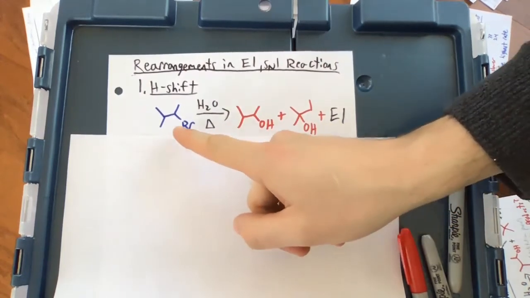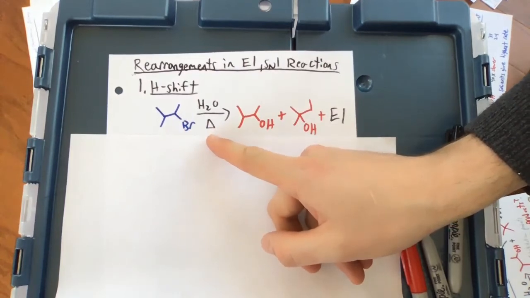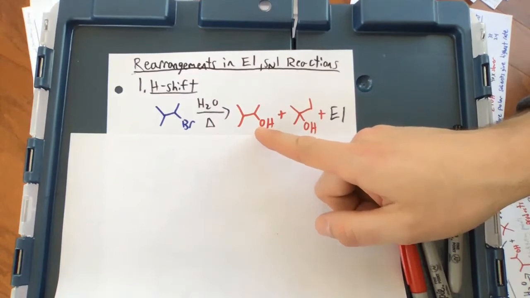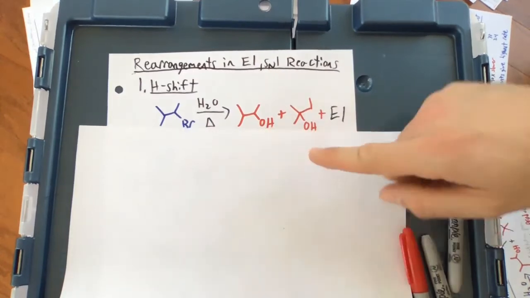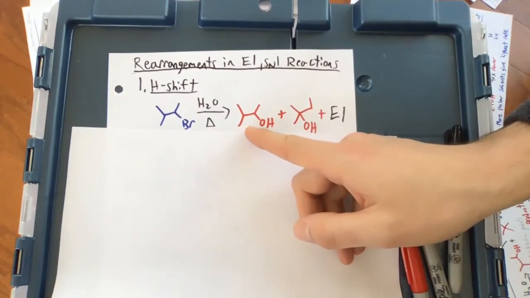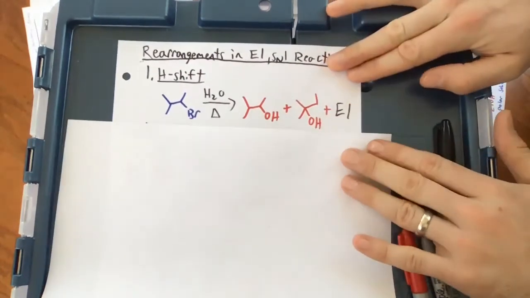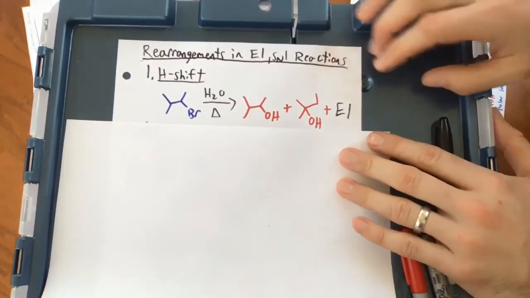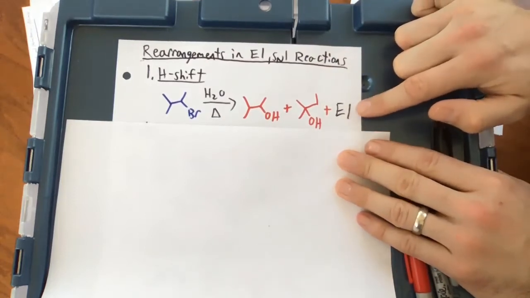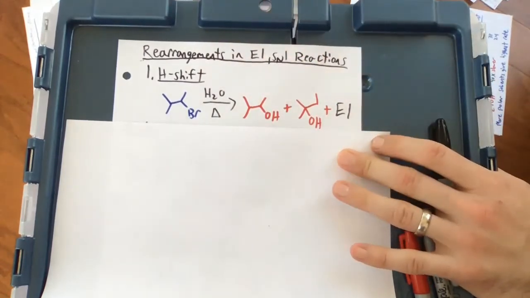So if you run this reaction in water with enough heat, what you'll find is your product mixture will contain the SN1 substitution product that we expect, plus another product that appears to be an SN1 substitution product, and of course some E1 products as well. But we're not going to worry about the E1 products at the moment. We're going to focus just on the two SN1 products that come up.